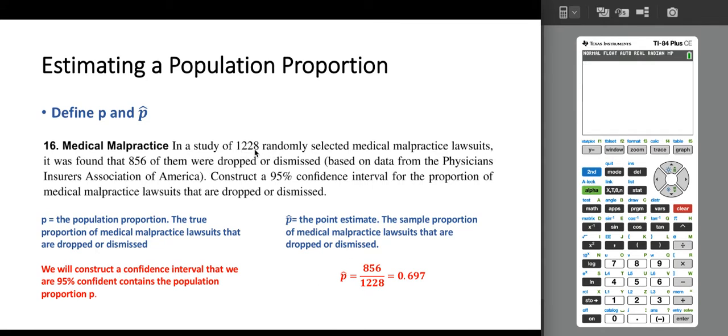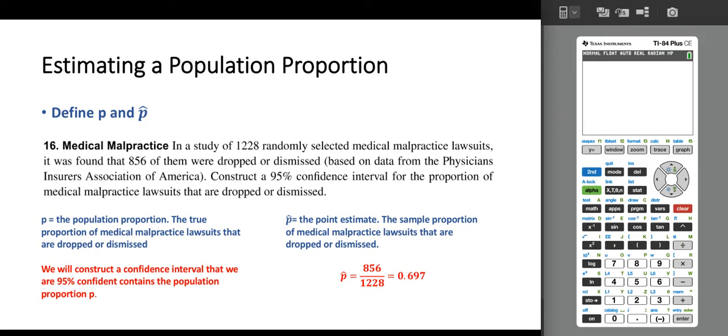We have 1,228 malpractice lawsuits, and 856 of them have been dropped or dismissed. So our P hat in this example is 0.697. That's our best guess. Our best guess is approximately 70% of all medical malpractice lawsuits are dropped.